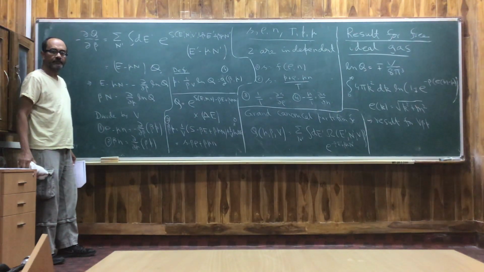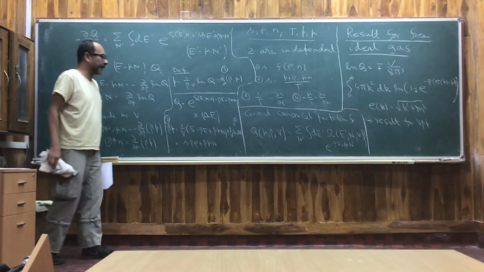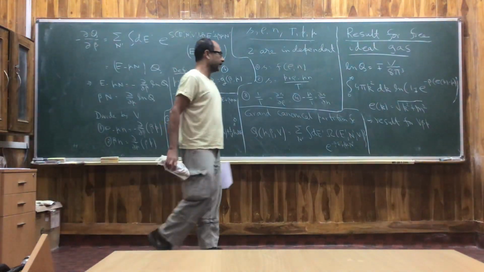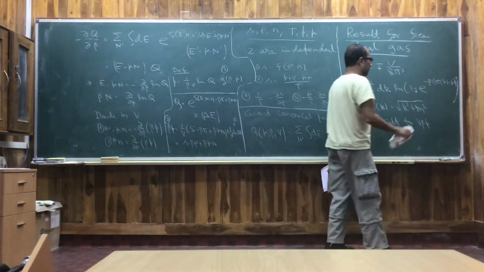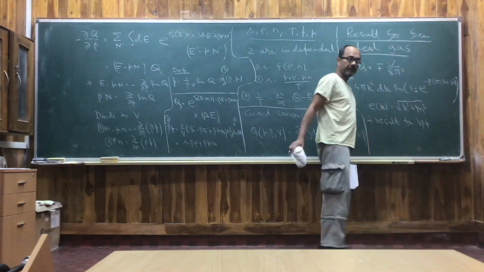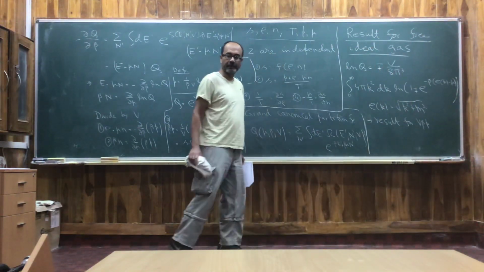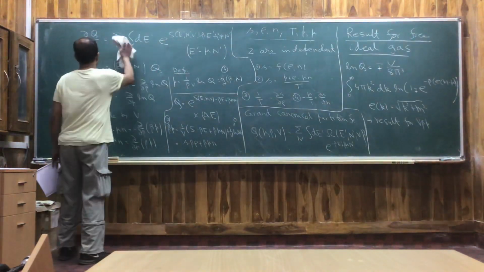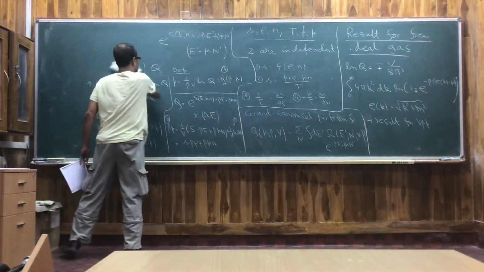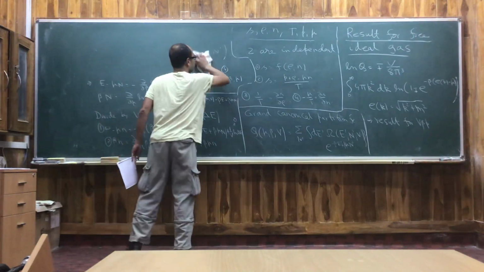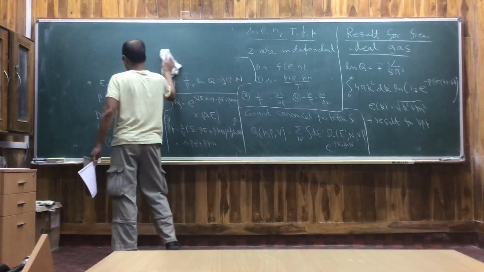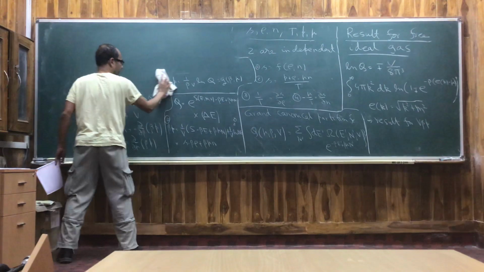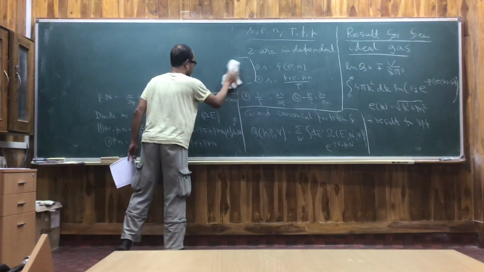In the grand-canonical ensemble, we will normally work with beta and mu as the independent variables, and try to express everything in terms of beta and mu. This calculation is straightforward.